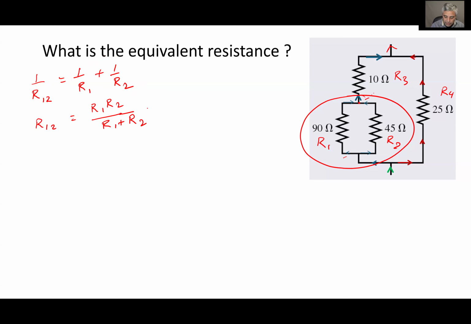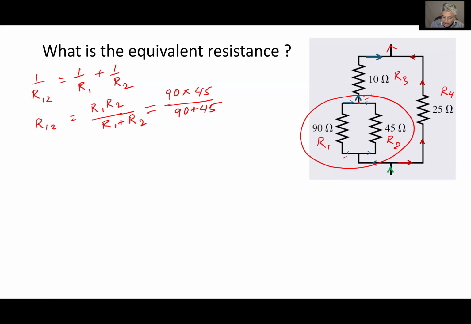Okay. So it's basically when they are two, we just multiply both of them and then divide by the sum. So 90 plus 45. Okay. So that gives us R12. So maybe someone can punch that in a calculator and type that on the Zoom.